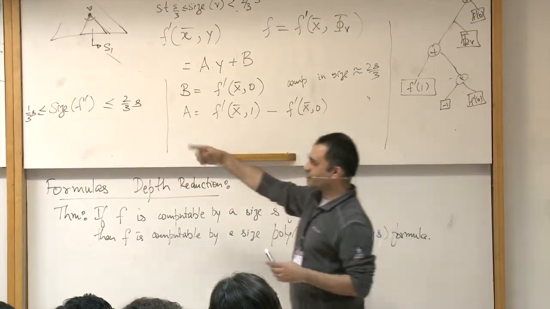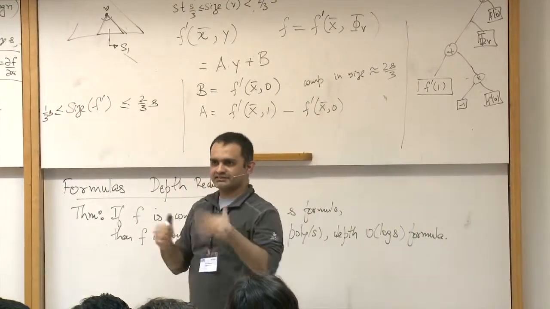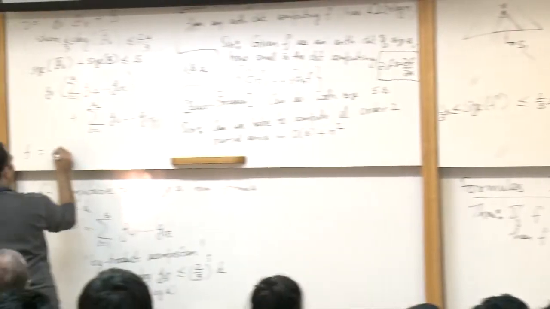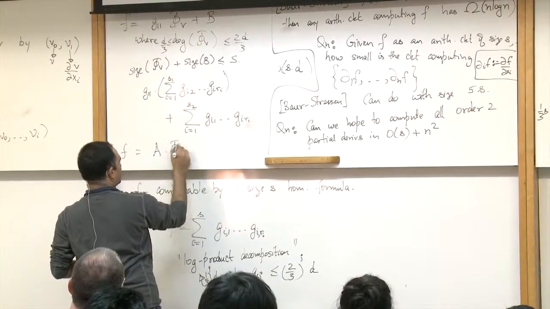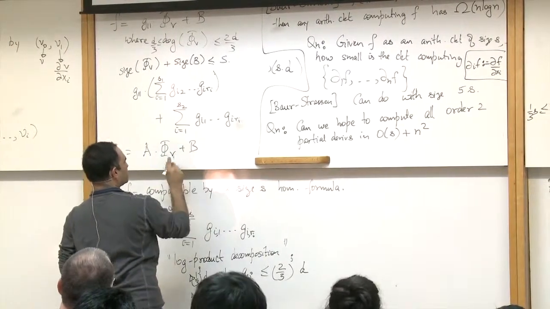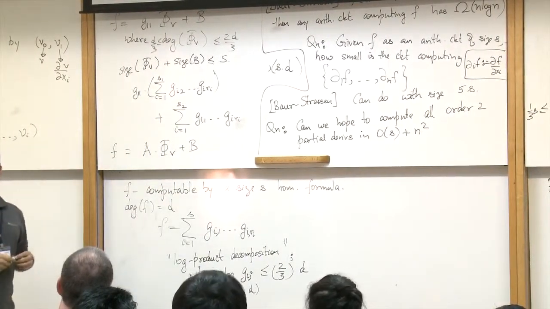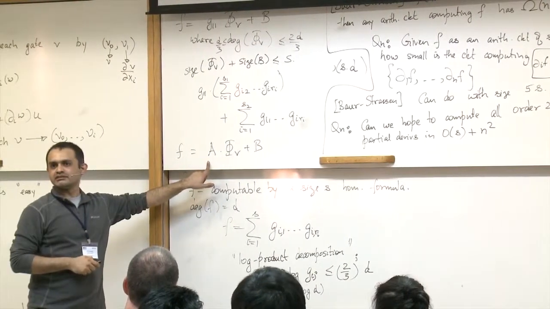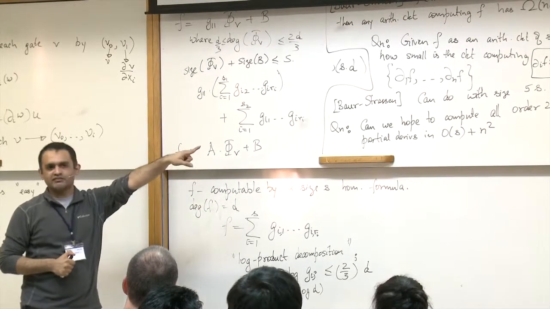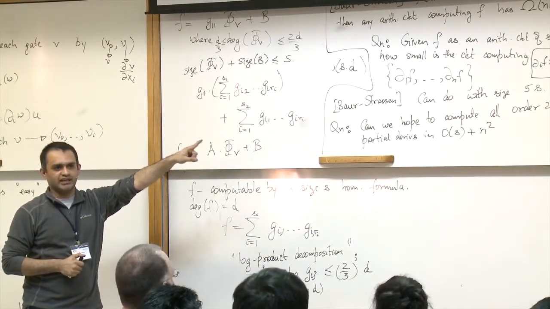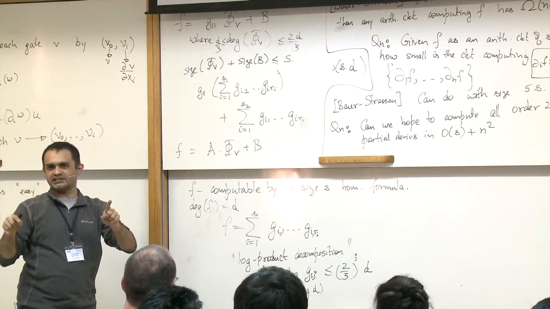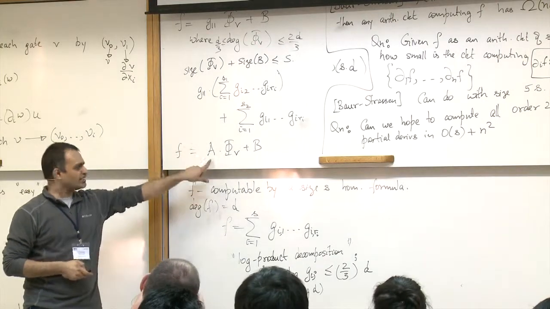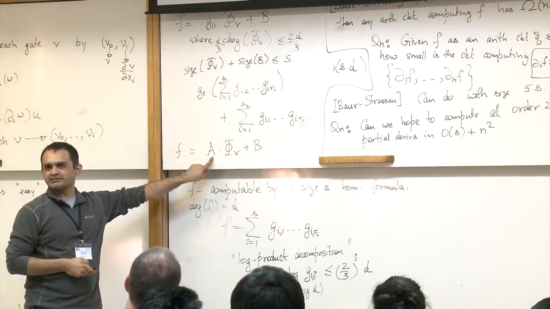So the question I wanted to ask, let's just think about it. Suppose F is written as A times phi of V plus B, where V is some internal node. Can you look at the formula and figure out what A is supposed to be? One way of figuring out what A is, you evaluate F prime at 1, evaluate F prime at 0, and subtract the two. But you should be able to look at the formula and just figure out what A should be.